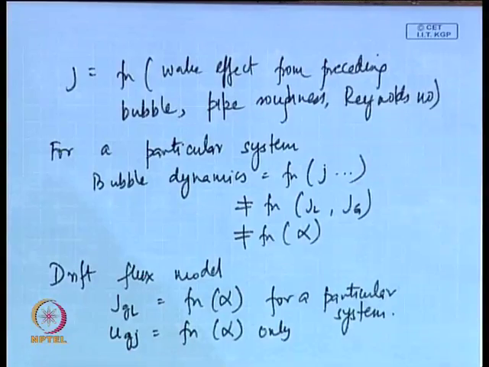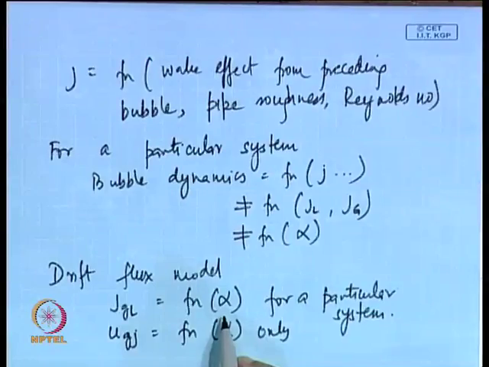Now, if we consider the drift flux model, because we are considering the drift velocity and the drift flux, if you remember, the drift flux model was for negligible wall shear, that was one particular condition. For vertical slug flow, we can always assume that the gravitational pressure drop is much larger than the frictional pressure gradient. So, for vertical systems with negligible wall shear, non-accelerating flows, we had proposed that JGL is a function of alpha only for a particular system.